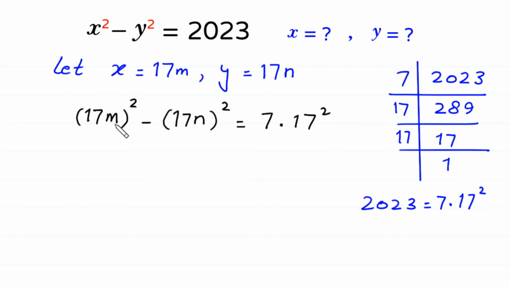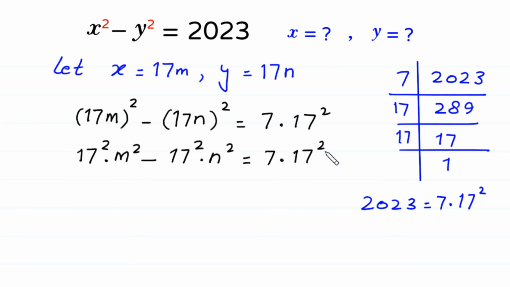Next, 17m square is equal to 17 square times m square, and 17n square is equal to 17 square times n square, is equal to 7 times 17 square.